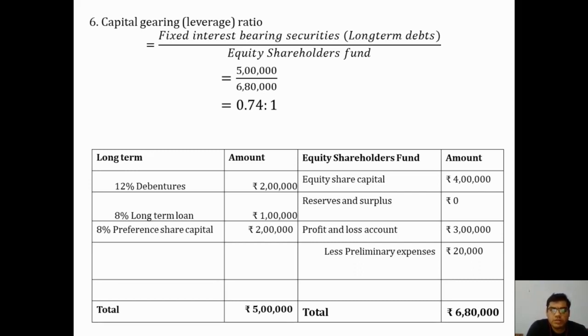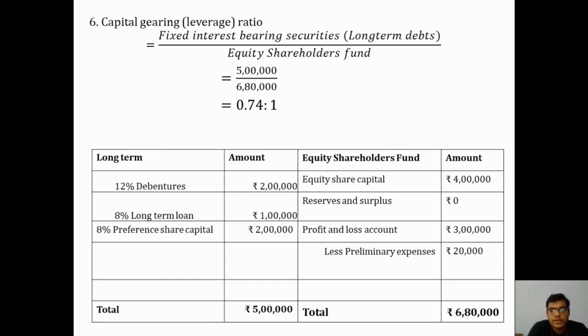Now the long term funds we have are those which give fixed interest or dividends. In this problem we have 12% debentures, which provide 12% interest per annum, and 8% long term loans, which provide 8% fixed interest. We even have preference share capital, which receives a fixed dividend of 8% on 2 lakh rupees.